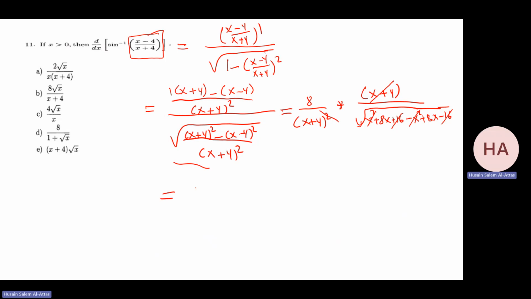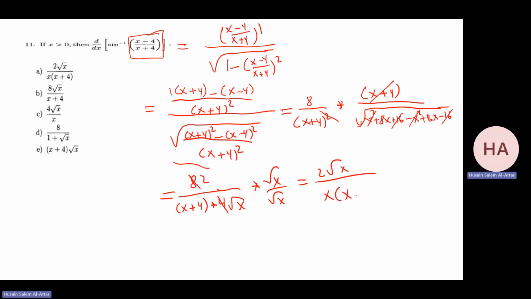What we have is 8 over (x plus 4) times 4 root x. This cancels, you have 2. Now rationalize. That will be 2 root x over (x plus 4), which is this one.